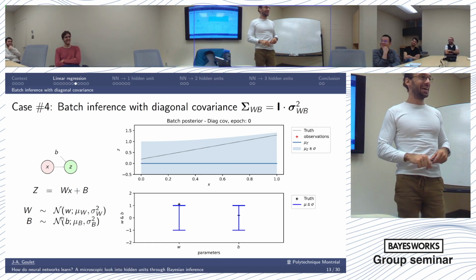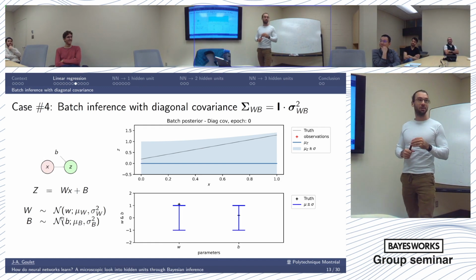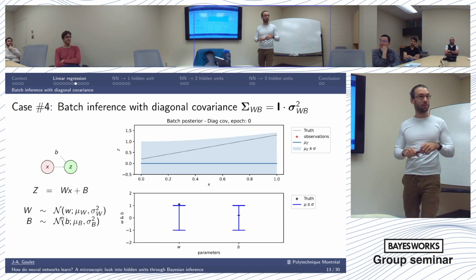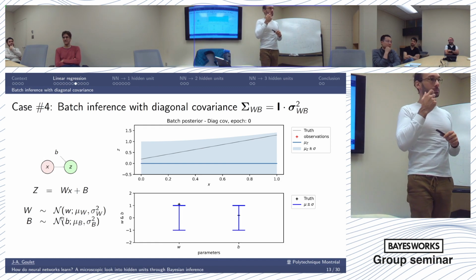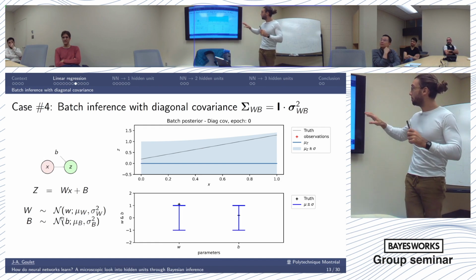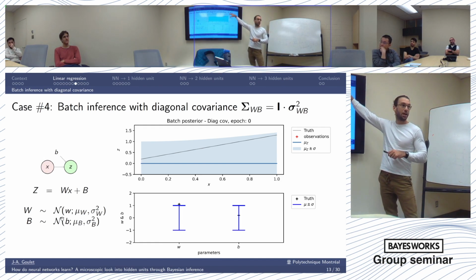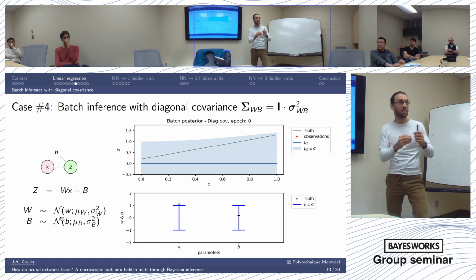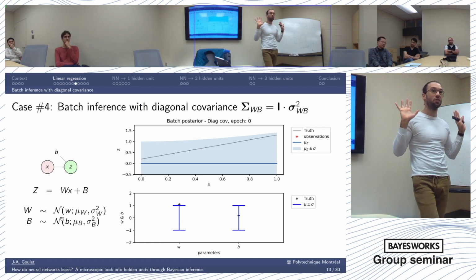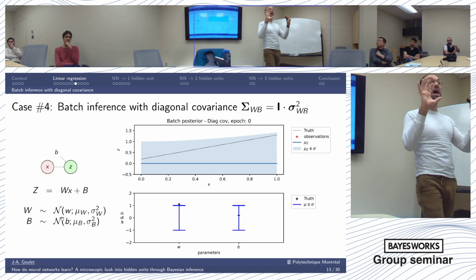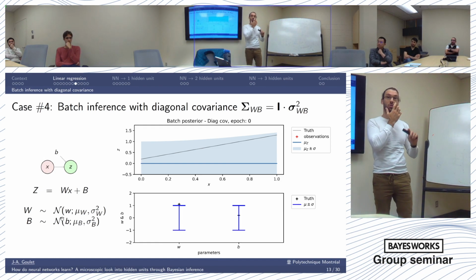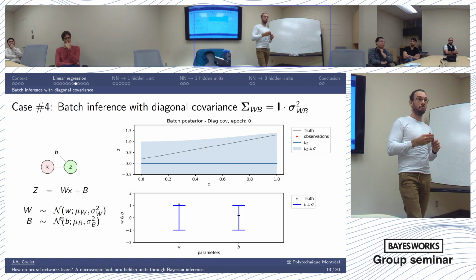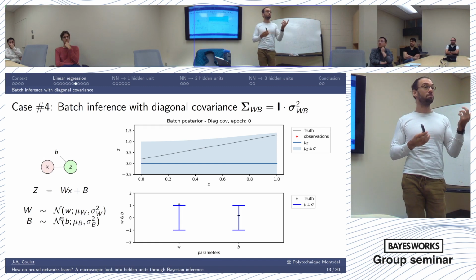Anyone has any guess? Is it going to work better, worse? Bayesian first with diagonal, it's the same as before, right? Before, we were considering a diagonal, but we were working sequentially, seeing one observation, then the other. Now we're seeing the two observations at the same time, but without considering the dependency between those two observations. Multiple epochs like before. But worse or same?